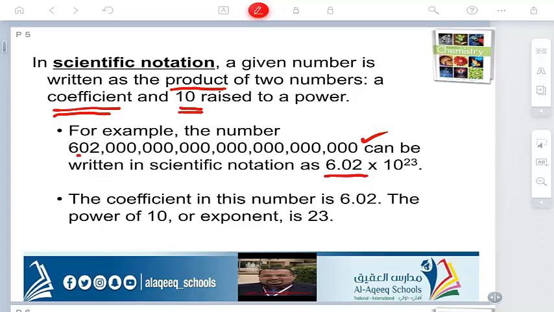Then times 10 to the power of, and you have to count the places or digits beside the decimal: 1, 2, 3, 4, 5, 6, 7, 8, 9, 10, 11, 12, 13, 14, 15, 16, 17, 18, 19, 20, 21, 22, and 23 after the decimal. So 10 to the power of 23. The coefficient is the number 6.02, and the 10 to the power of 23 is the exponent, 23.